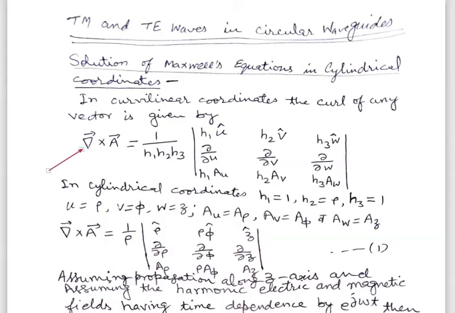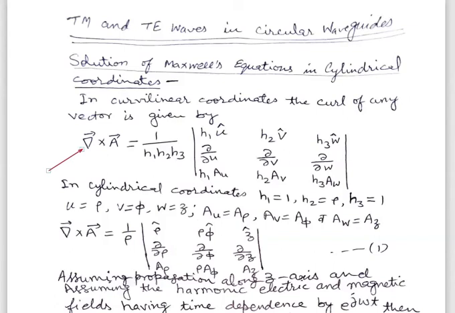And in accordance, we will also represent the components of the vector A in curvilinear coordinates, which are Au equal to A rho, Av component is considered here as A phi, and Aw as Az.